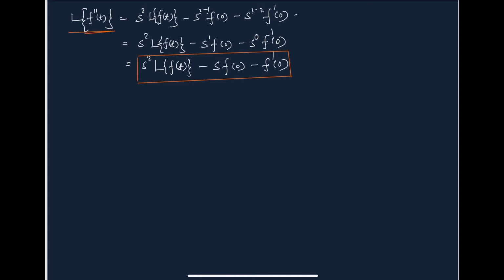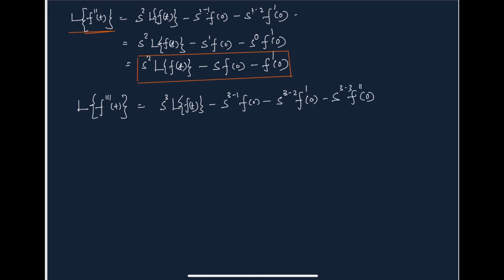Now you go for the Laplace transformation of the third order derivative of a function f of t. This will be s cube Laplace transformation of f of t, minus s to the power 3 minus 1 f of 0, minus s to the power 3 minus 2 f prime of 0, minus s to the power 3 minus 3 f double prime of 0, meaning the double derivative, and instead of x you need to put 0.